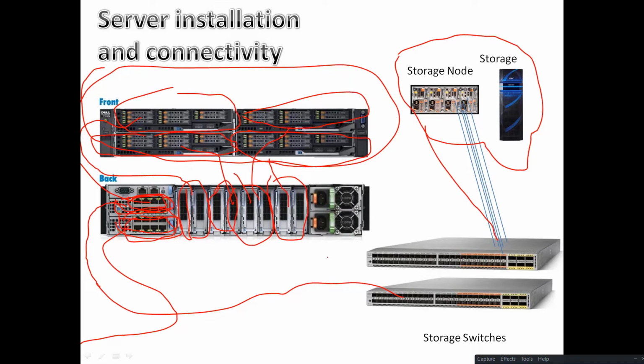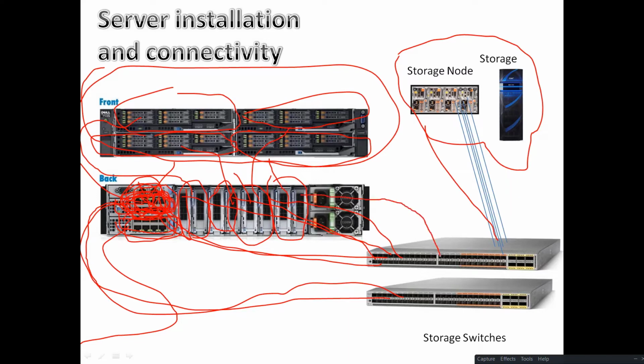Then, if we are using this switch, it has 4 ports, so 2 ports we will connect to this storage switch and the other 2 ports to the other storage switch. So this switch also has redundancy. If all 4 ports on this single switch A go down, because of a hardware problem or something, we still have one port from each server connected to the switches.